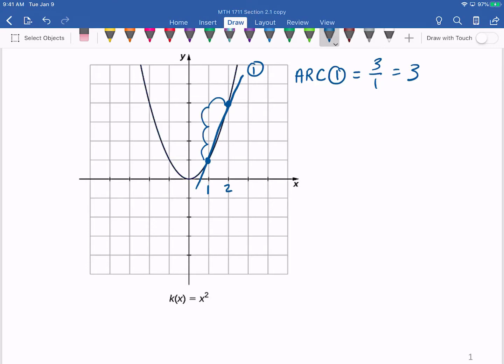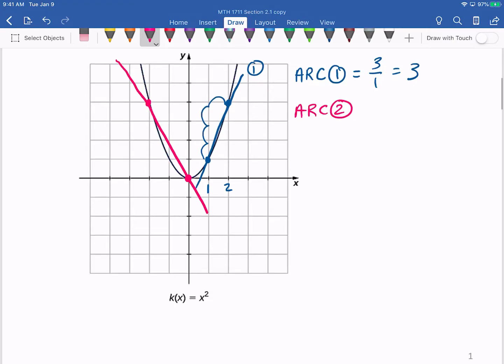Now if I pick a different 2 points, let's do this in a different color so it's easy to see the difference. Let's say I pick this point and this point, and I try to find the average rate of change from -2 to 0, right here.